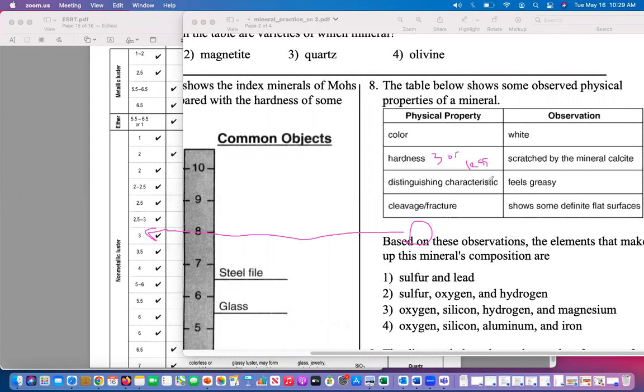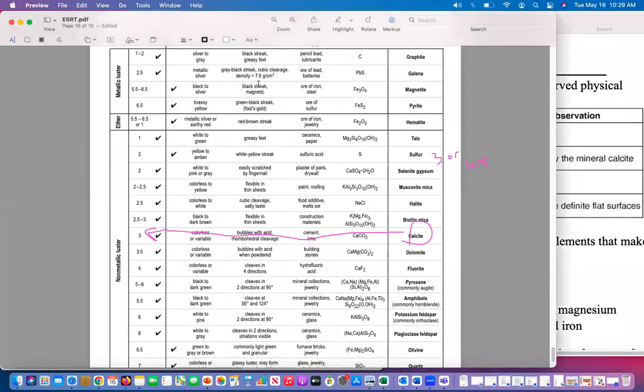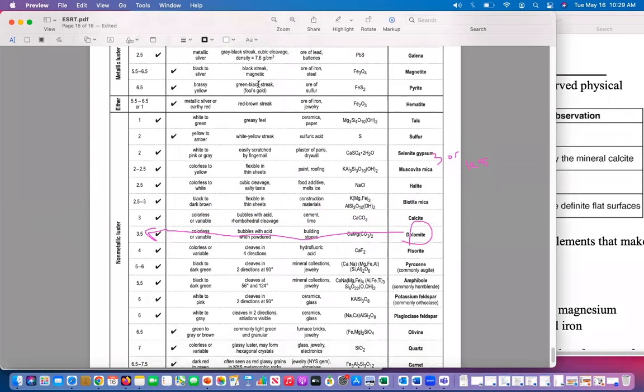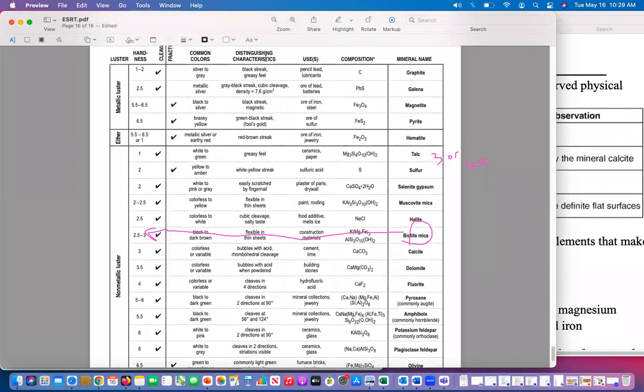All right. Next, it says distinguishing characteristics, right? That means that it feels greasy. So when I look at distinguishing characteristics, it has to say greasy feel. All right. So let me start breaking some things down. So greasy feel, I see this one.